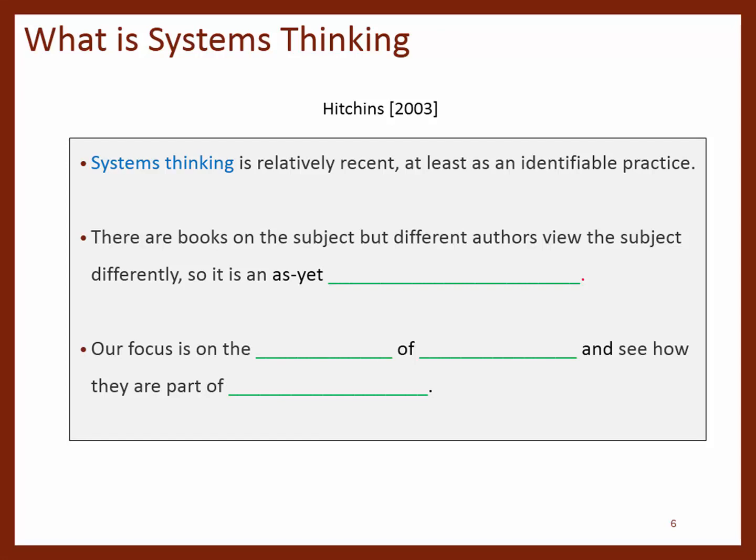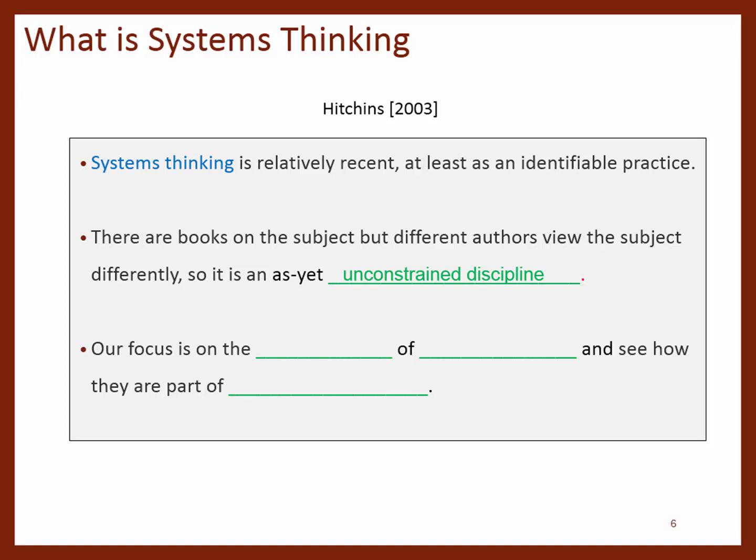So what is system thinking? System thinking is recent, at least as an identifiable practice. There are a lot of books on the subject, but different authors view the subject differently. So it is as yet an unconstrained discipline. We cannot say, okay, system thinking is this. There are a lot of viewpoints.